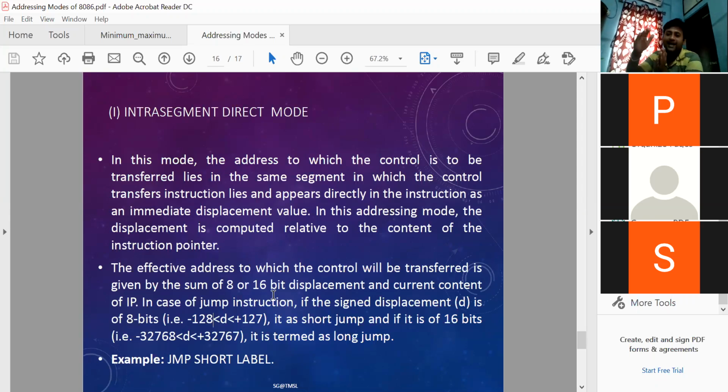If it is a sign-based number, there must be some positive numbers and some negative numbers. So 256 total numbers are there: 128 numbers will be positive and 128 numbers will be negative. Positive numbers start from 0 to +127 and negative numbers from -1 to -128.